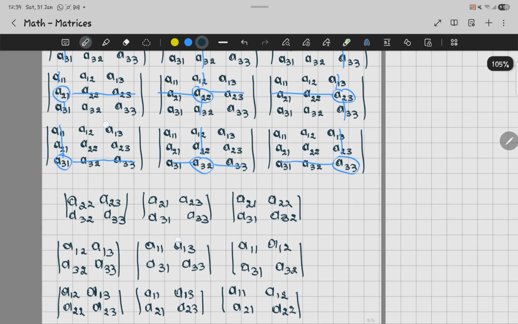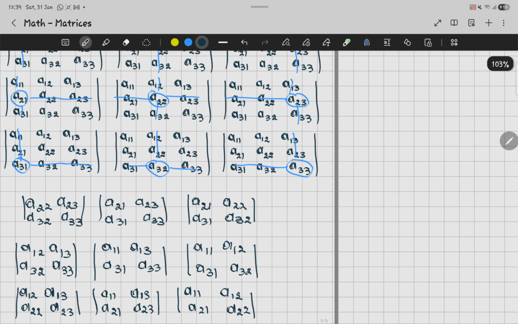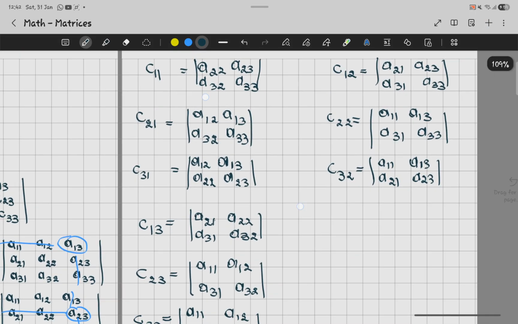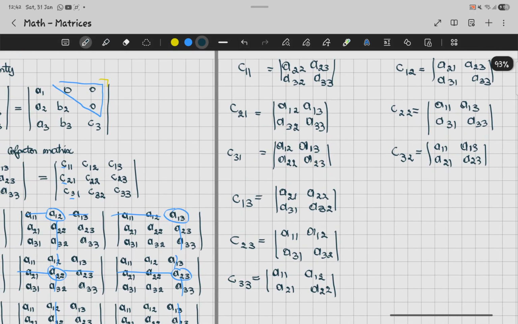Okay, so this is what we're going to remain with. And the first block we're going to call C11. So let me just adjust. This is how we find those C11, C21, C23.